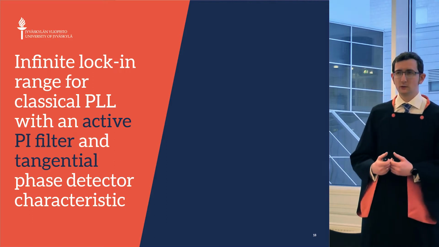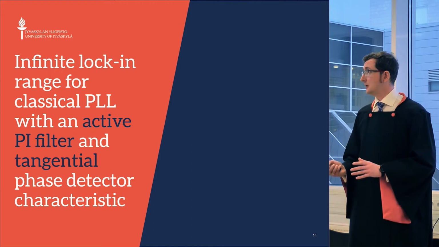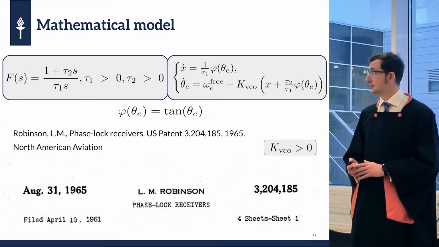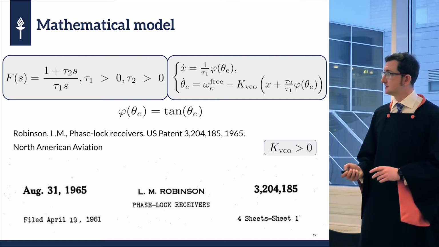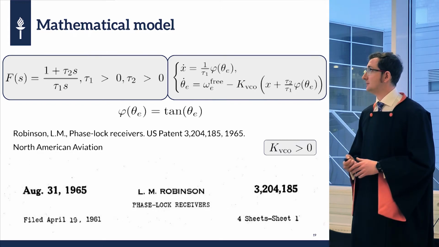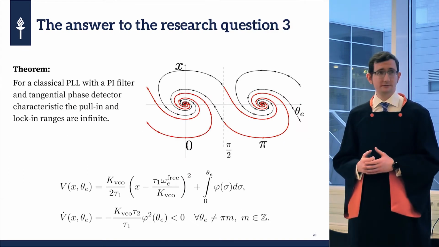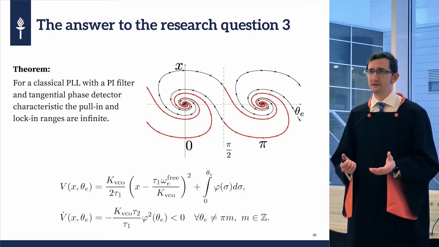Let's go to another one, with the tangential phase detector characteristic and the same filter. The model slightly changes, we change the characteristic, and as you can see, such a system was patented in 1965 by a North American Aviation engineer. So the theorem here is rather simple. The pull-in and the lock-in ranges are infinite for this system.